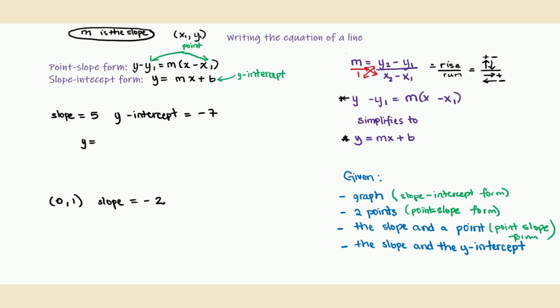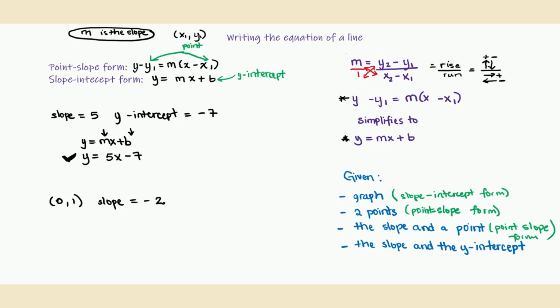So you will write the form y equal mx plus b, and all you have to do is replace m with 5 and replace b with -7, so that it would be y equal 5x minus 7. And it would be done. In these cases, you're generally not asked to write this in point-slope form because you would need a point. So if you are asked to find the equation of the line and you're given the slope and the y-intercept, the slope-intercept form would generally be the form that you're asked for.